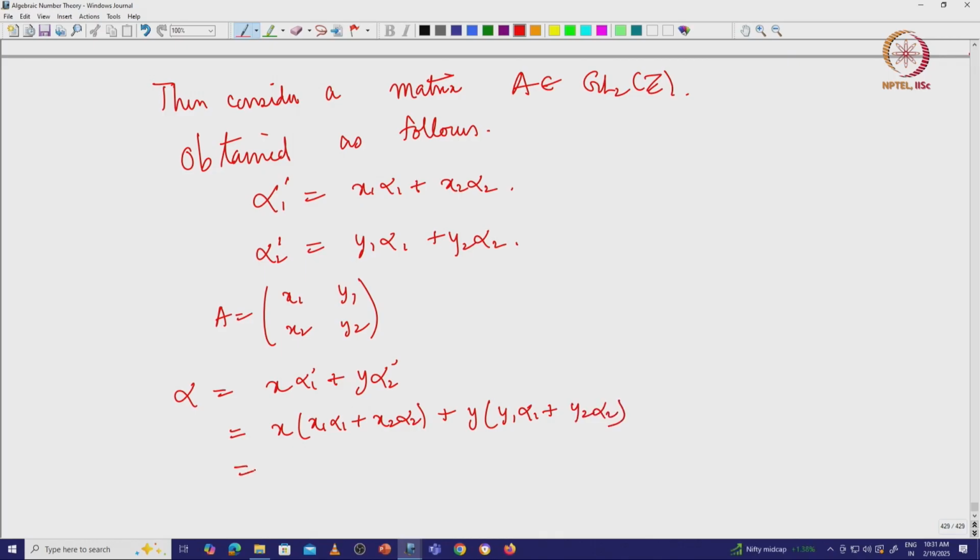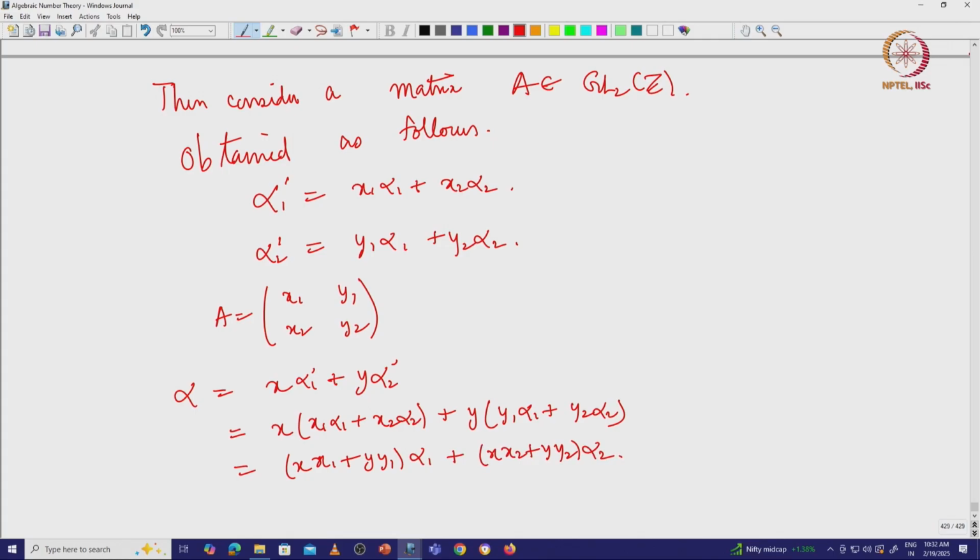If I rewrite this in terms of alpha 1, alpha 2, then I get (x x1 plus y y1) times alpha 1 plus (x x2 plus y y2) times alpha 2.